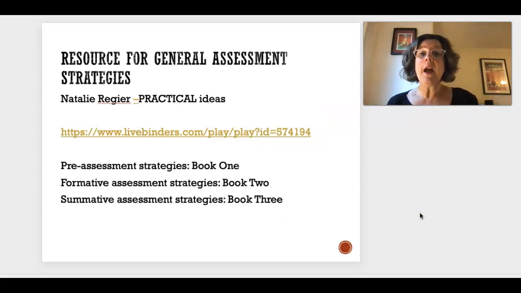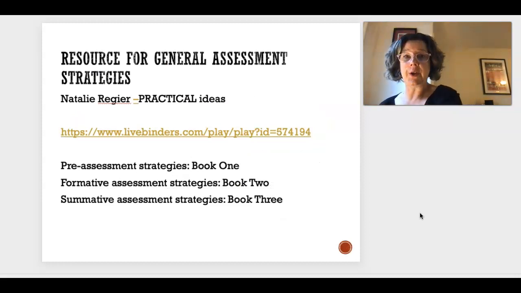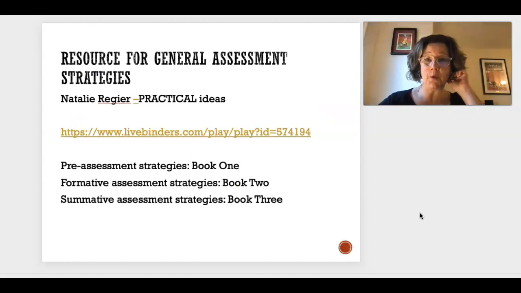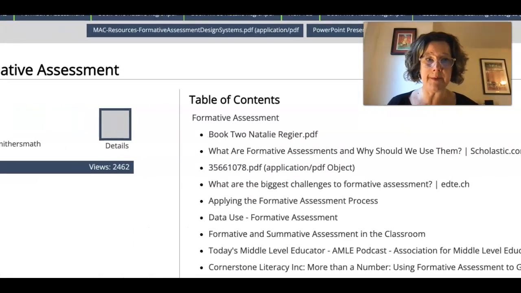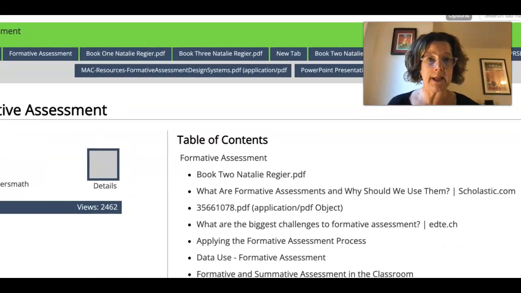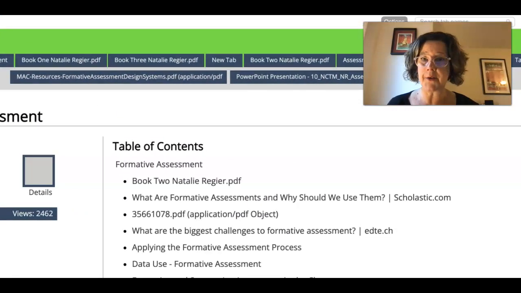Okay, I also want to just show you, this is a general resource for assessment strategies, and Natalie Rogier, and I'm just going to bring this up here. This is the website, and basically she has 3 books. Here we go, book 1, book 2, and assessment for learning strategies.